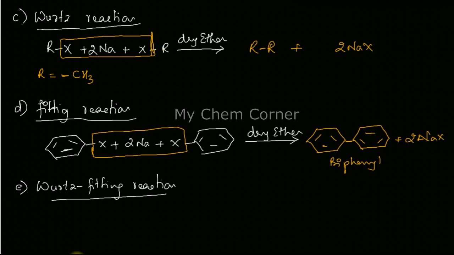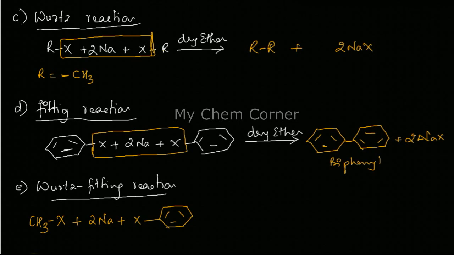What about Wurtz-Fittig? It's going to be a mixture of Fittig and Wurtz. So here I'm going to take one R group as an alkyl halide, so I'll just put CH3X, plus 2Na will remain the same, plus X bonded to a benzene ring. The first part of the molecule, CH3, follows the Wurtz reaction.